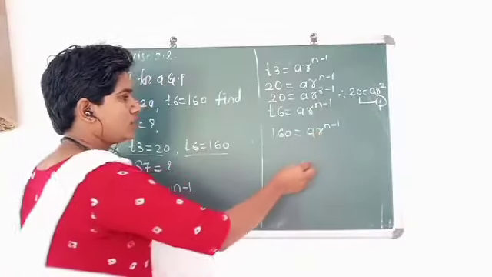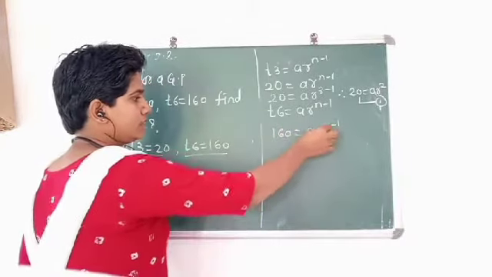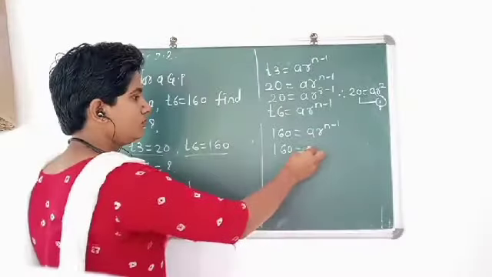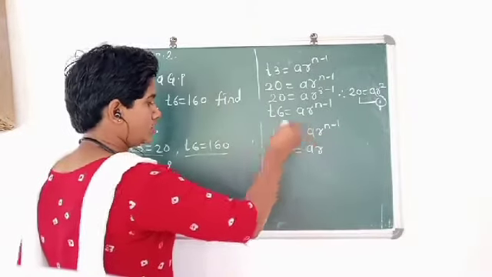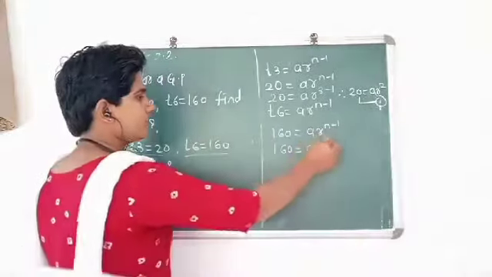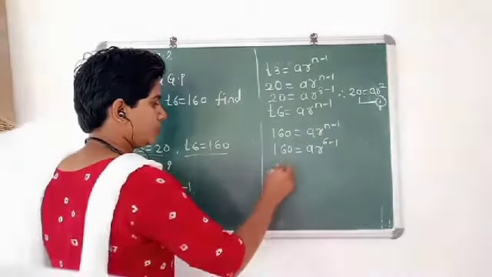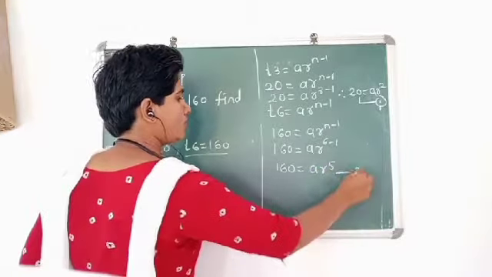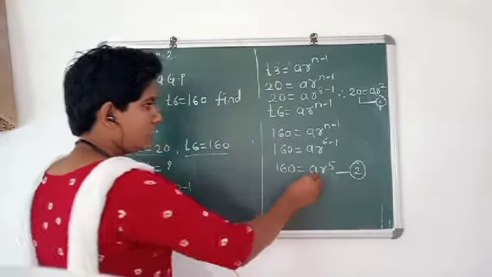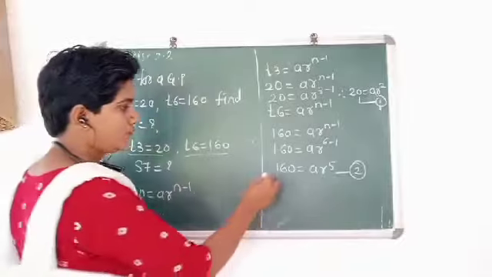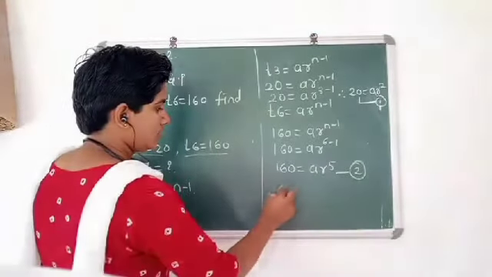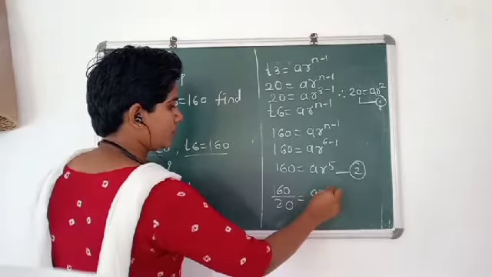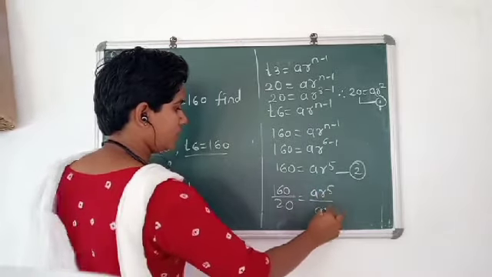Similarly, substitute the value 6. Then 160 is equal to a into r raised to 6 minus 1, that is 160 is equal to ar raised to 5. Call this equation number 2. Dividing equation 2 by 1, 160 upon 20 is equal to ar raised to power 5 upon ar square.